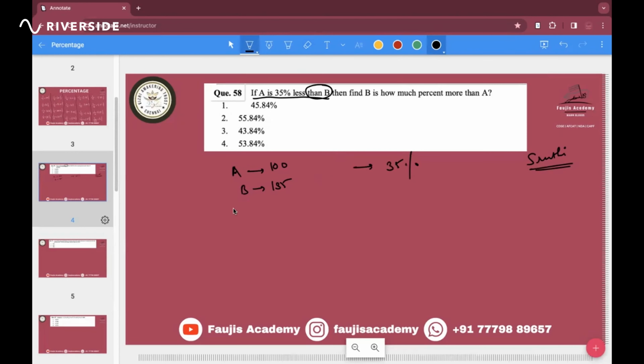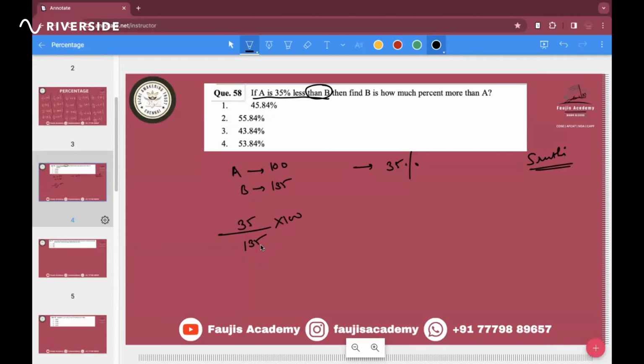So A is not 35% less than B. Why? Because A is less than B by 35. Then B means what? In the denominator, we'll put 135, into 100. Now you tell me, on any given day, will this be 35%? No, sir.